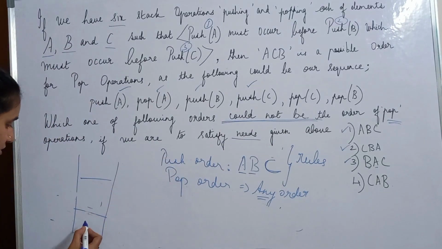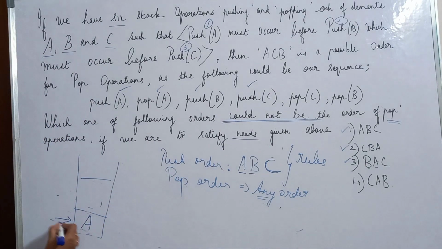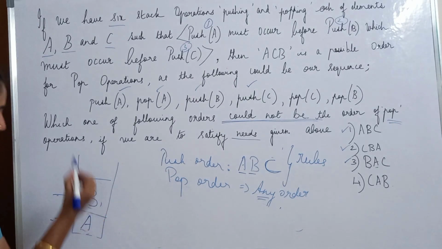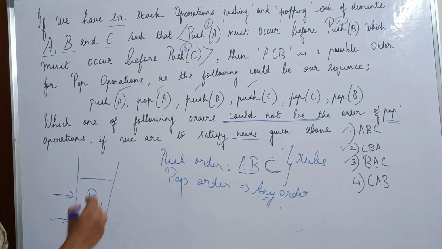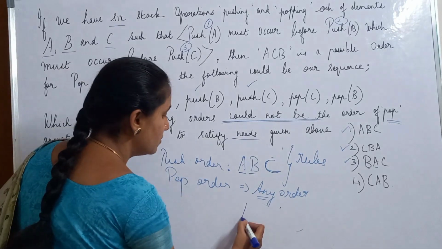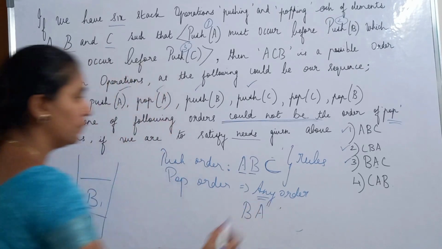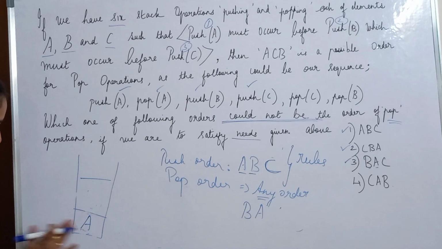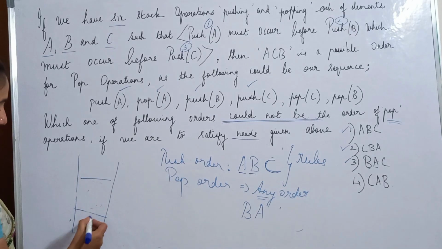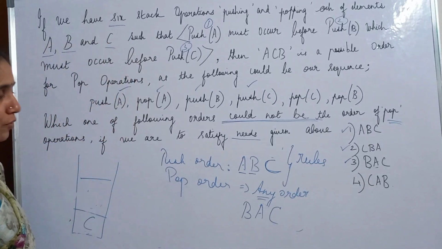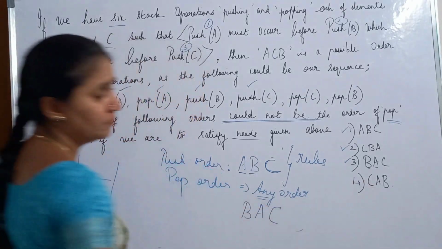If I insert A, then I insert B, and suppose I pop these elements, I will be getting B, A. So both get removed. Now if I push C, I will get CAB. We cannot get this answer.